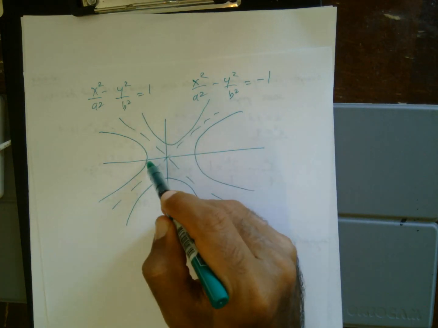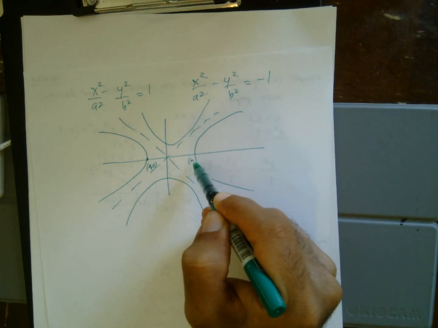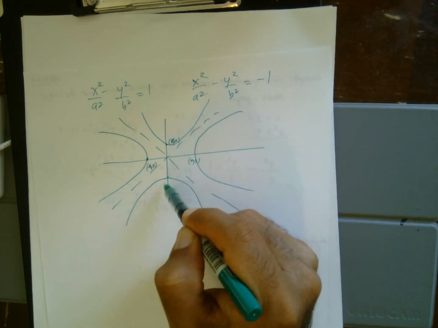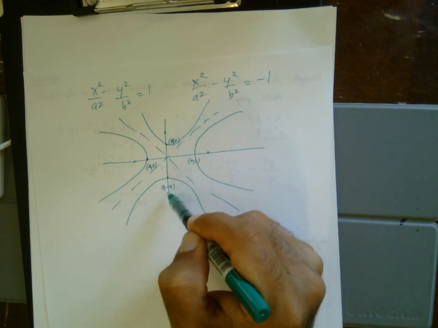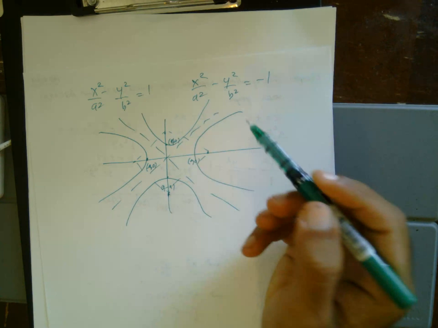So that you have an a, 0 or a, 0 and then another 0, a and 0, negative a, and these foci are also all on similar points and they kind of form a square.